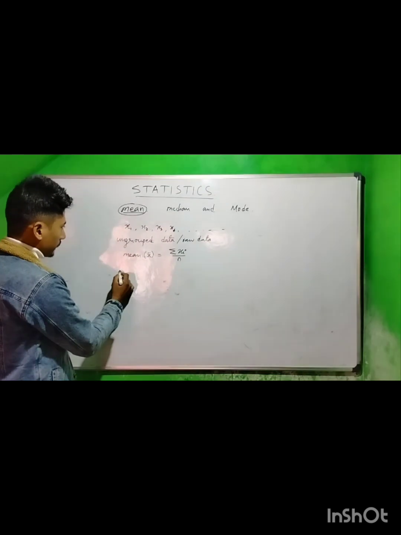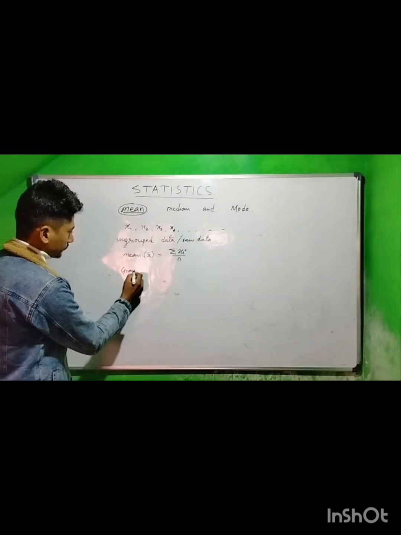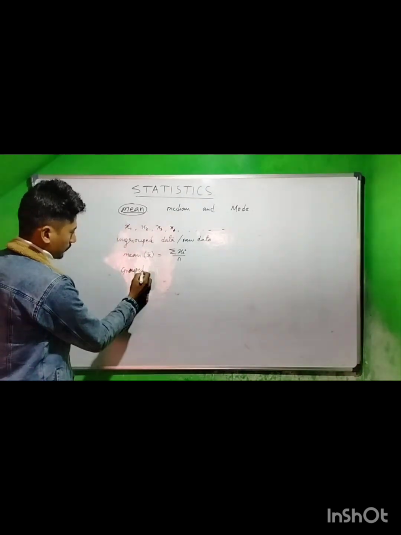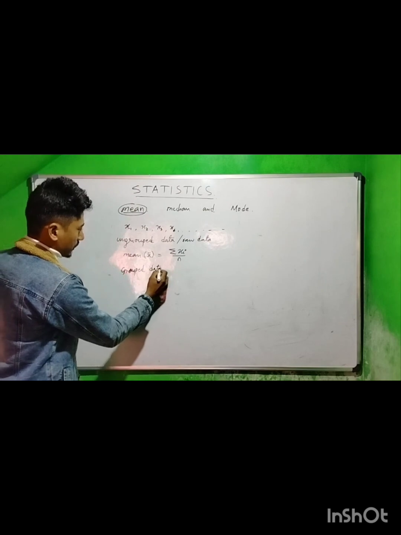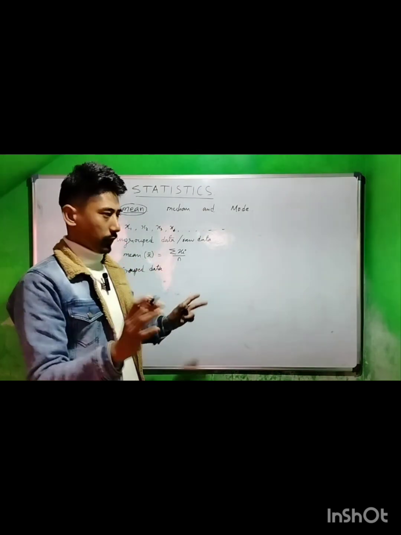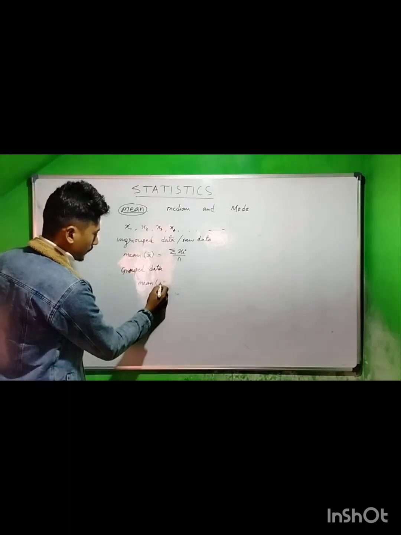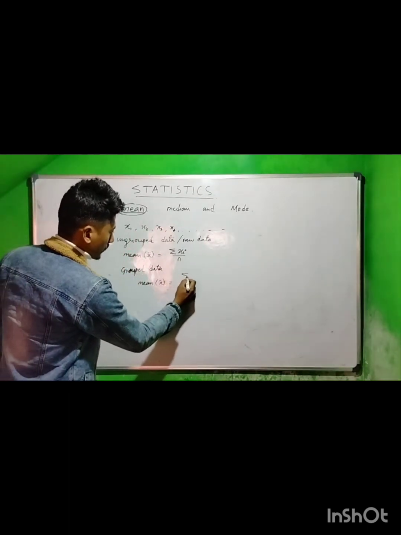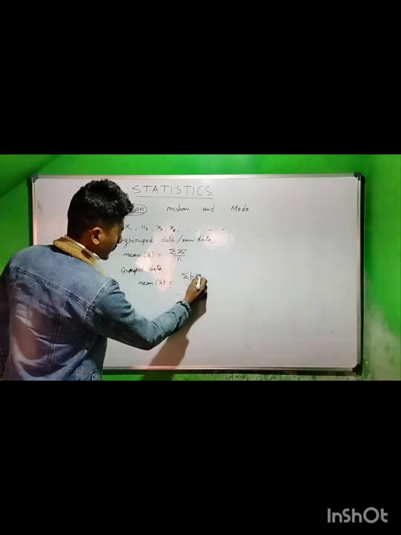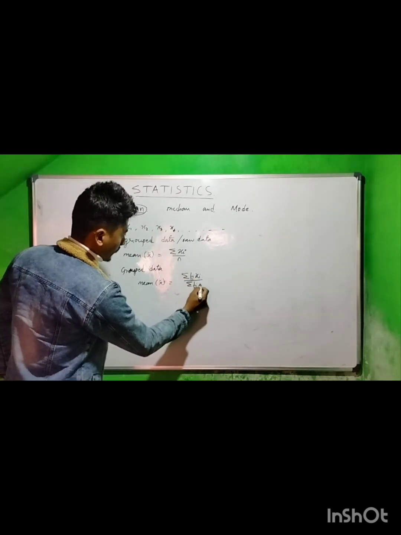Now if there is grouped data, which is in tabular form, there are three methods to find mean. The first one is summation of fi xi over summation of fi.